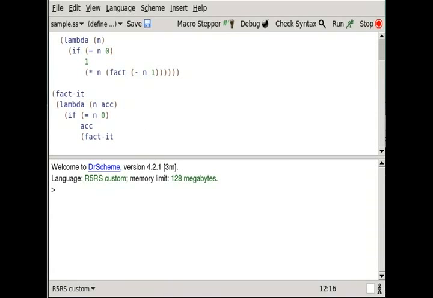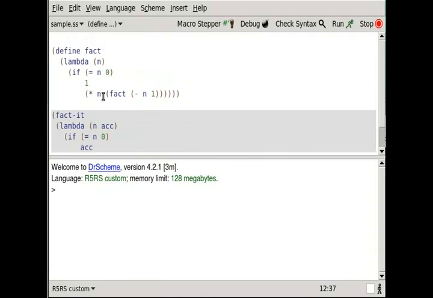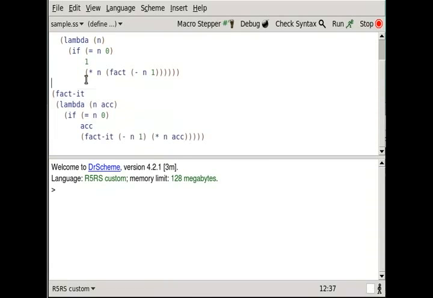And now what will we change in this? We're going to change the accumulator. So we'll call fact-it of n minus 1, and for the accumulator we shall multiply n times the accumulator. Now, what do you start the accumulator out with? You actually would start it out with 1.